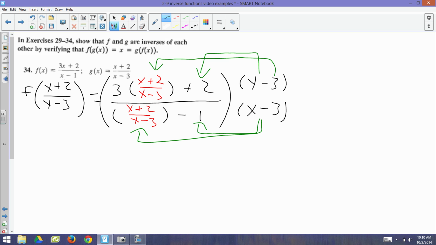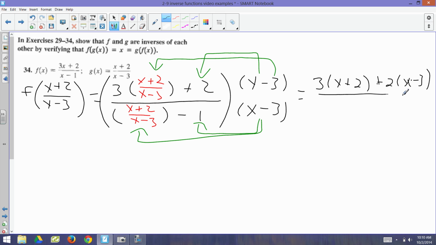So when I distribute it to the first term, I end up with 3 times x plus 2. When I distribute it to the second term, I have plus 2. That's an x minus 3.